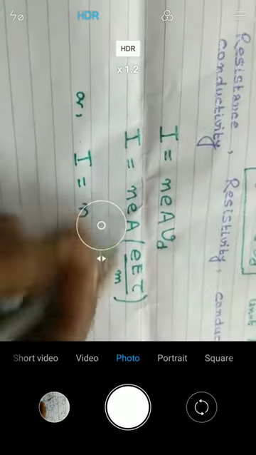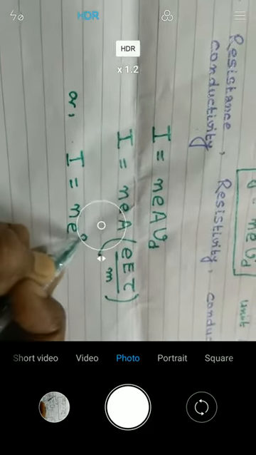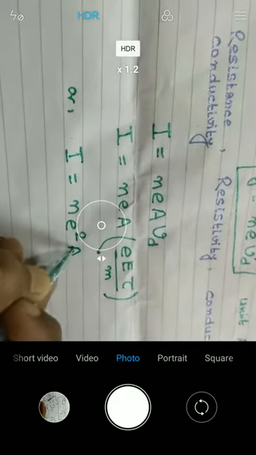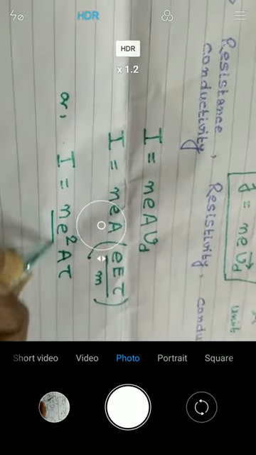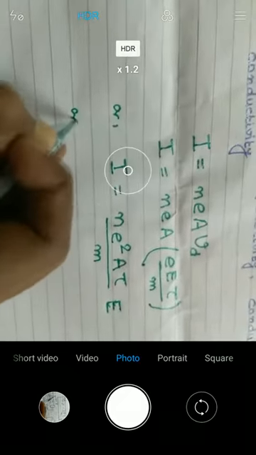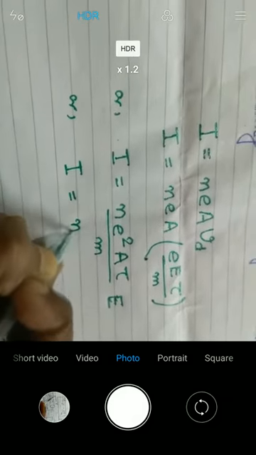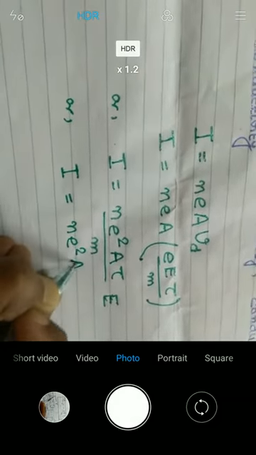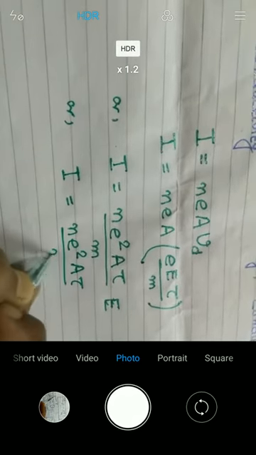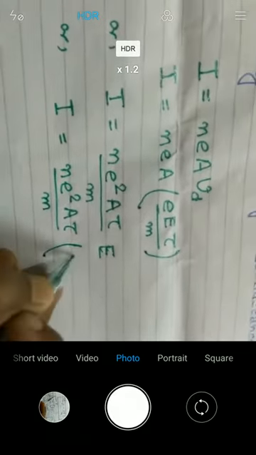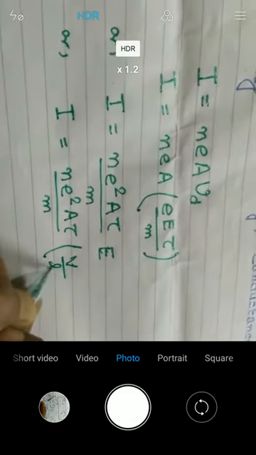Now see, or I equals ne into e, that is e square, A τ by m, and multiplied with E. Again I am writing I equals ne²Aτ by m, and instead of E can I write V divided by L?